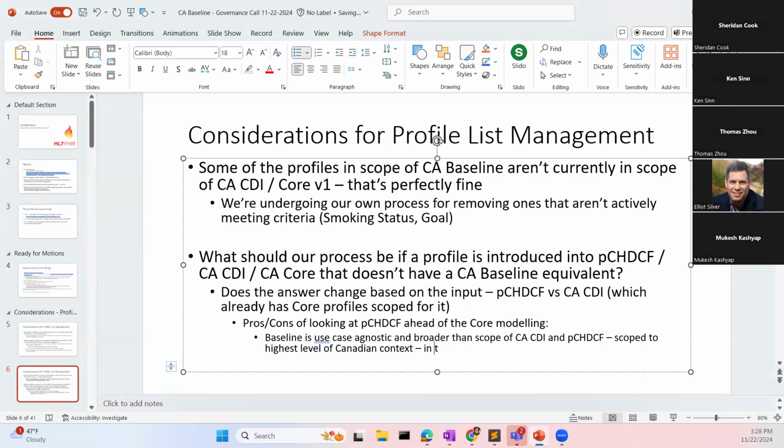CA Core is focused on this part of the Pan-Canadian data standards. I expect over time it will expand to include more of it, and I expect Infoway will also expand the Pan-Canadian data standards to include more. So both of those will keep growing.